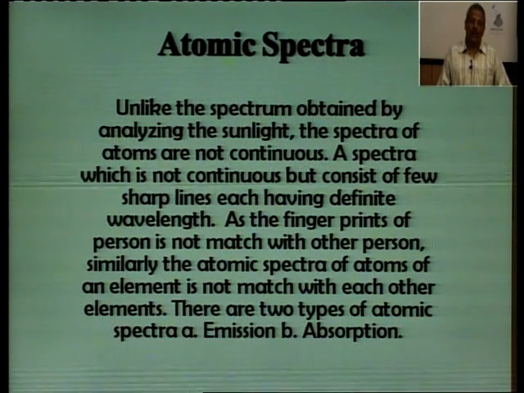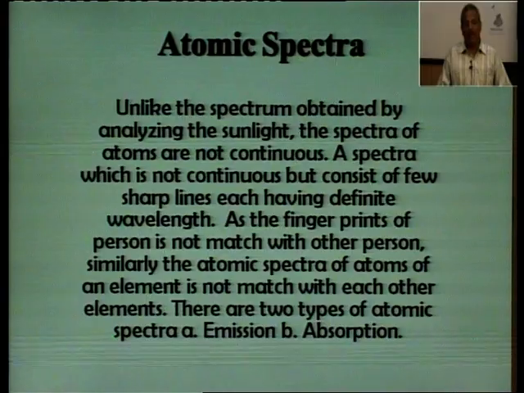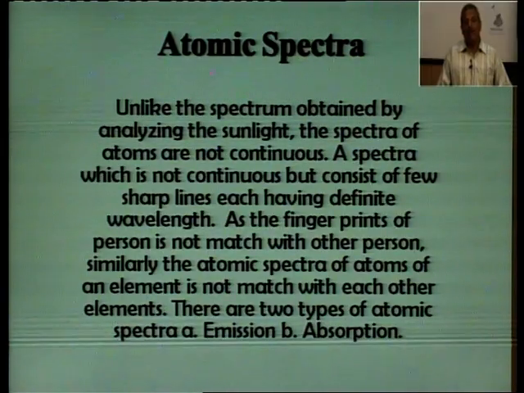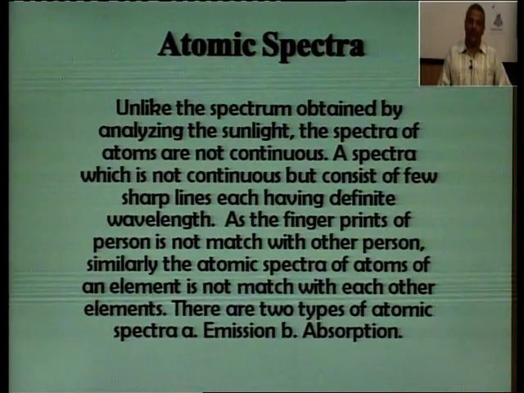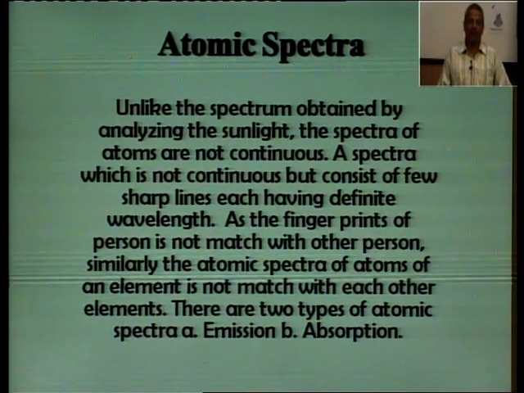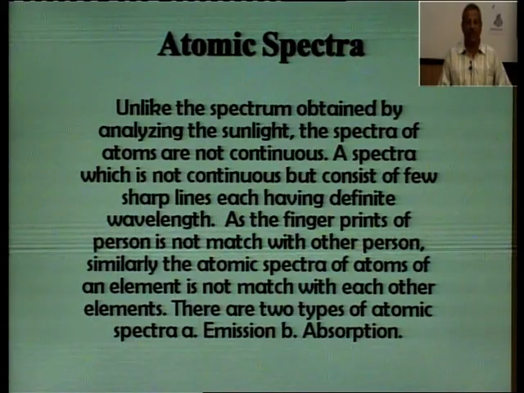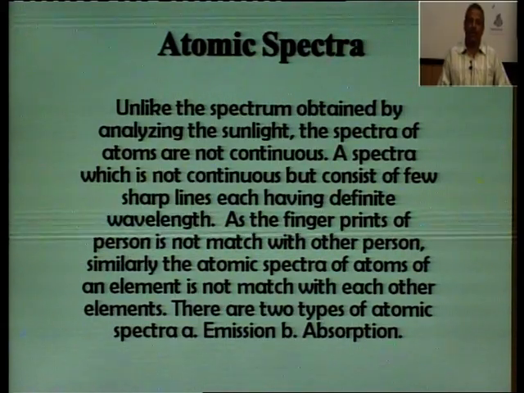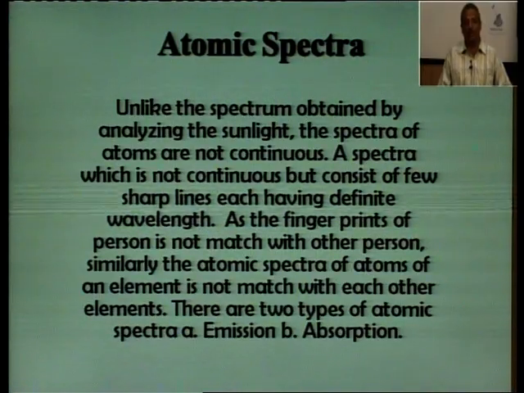Why do these bands occur? Every atom has a different type of spectra. As the fingerprints of a person do not match with other persons, similarly the atomic spectra of atoms of an element do not match with other elements.